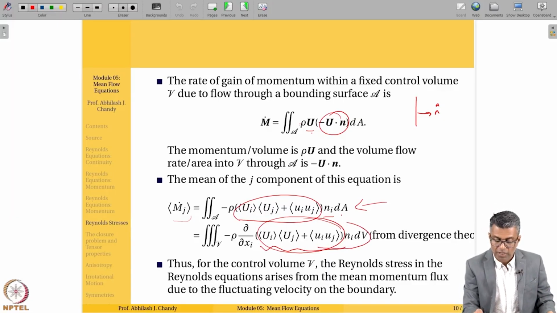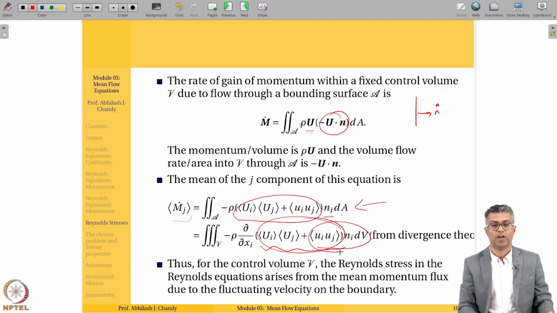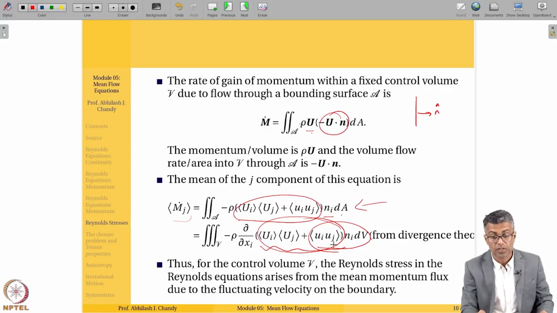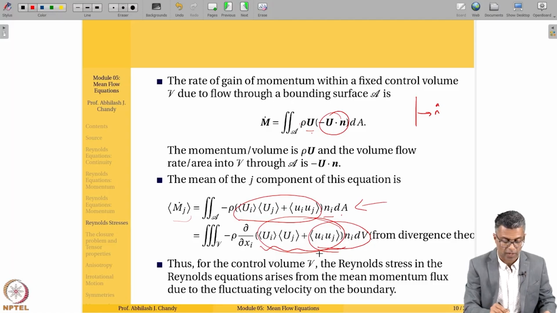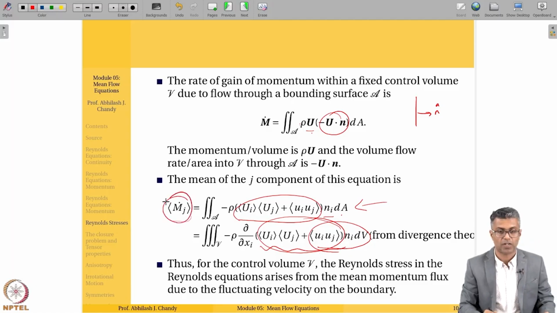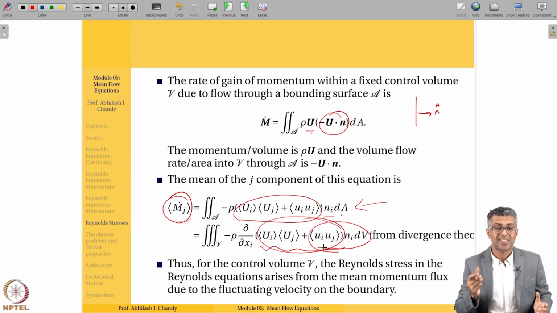This is the mean momentum flux, and this is the Reynolds stress. So that's that additional momentum flux resulting from Reynolds stress in a turbulent flow. That's the point I want to make.